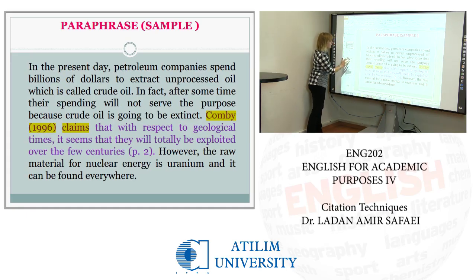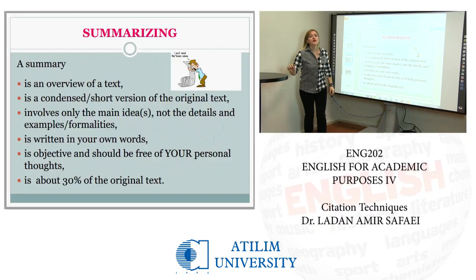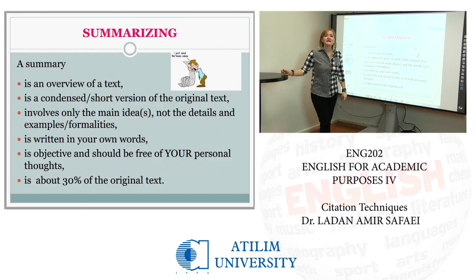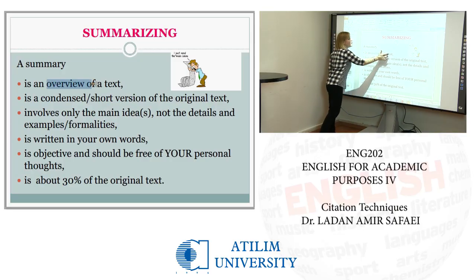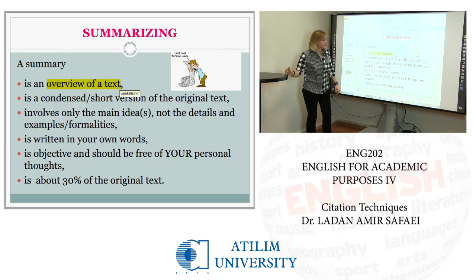Now, let me talk about the last technique of in-text citation, which is summarizing. Actually, writing a summary is not an easy issue, and what we need to focus on is that we should give an overview of the text or information that we have read or taken from external sources. So, one, that is an overview of the original text.